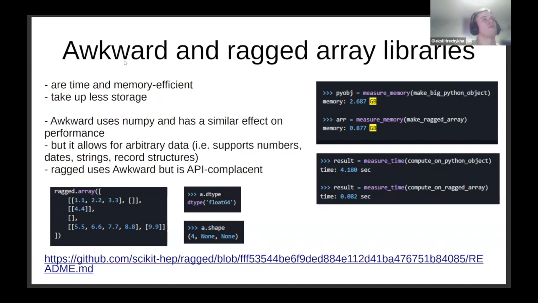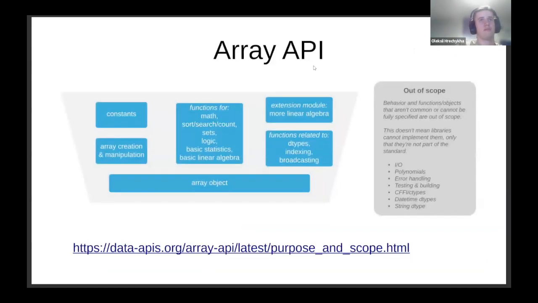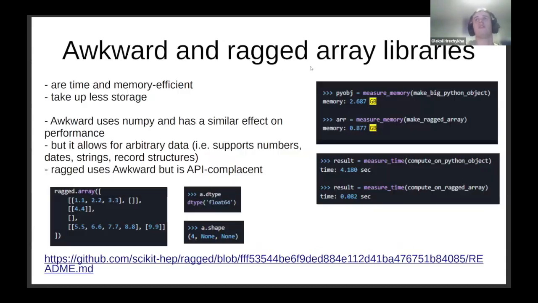But the problem with awkward is that it's too general and it cannot possibly work under such an array API, which is why the ragged array library is developed. And this library is a wrapper around awkward, which limits its functionality, but at the same time makes it API compliant.